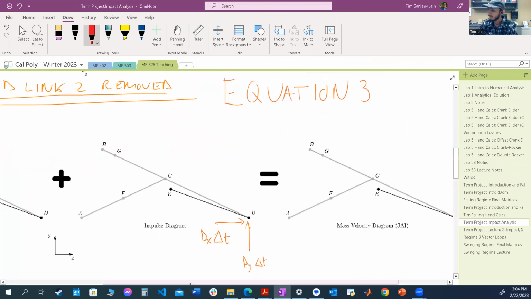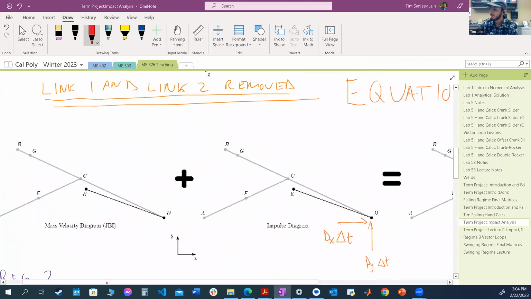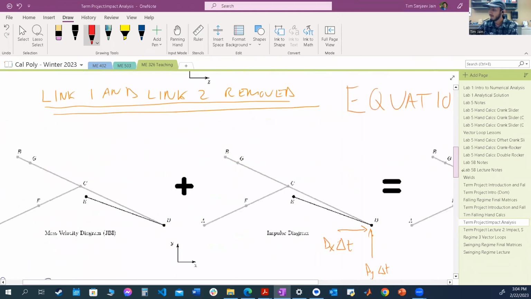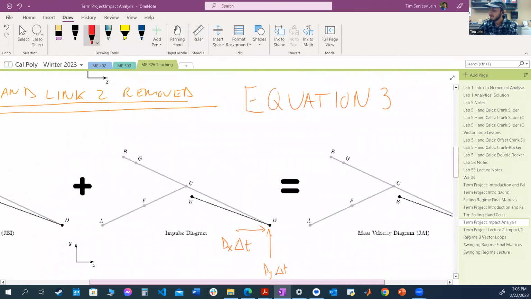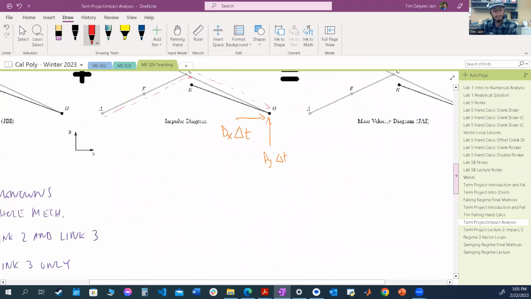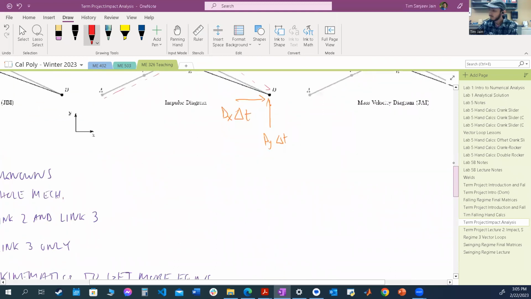Now, lastly, where link 1 and link 2 are removed, again, I did not draw the appropriate MV terms that are needed for sake of time. But you can imagine now, remember, we transferred the reaction force up to C, and now we're going to transfer the reaction force over to D.